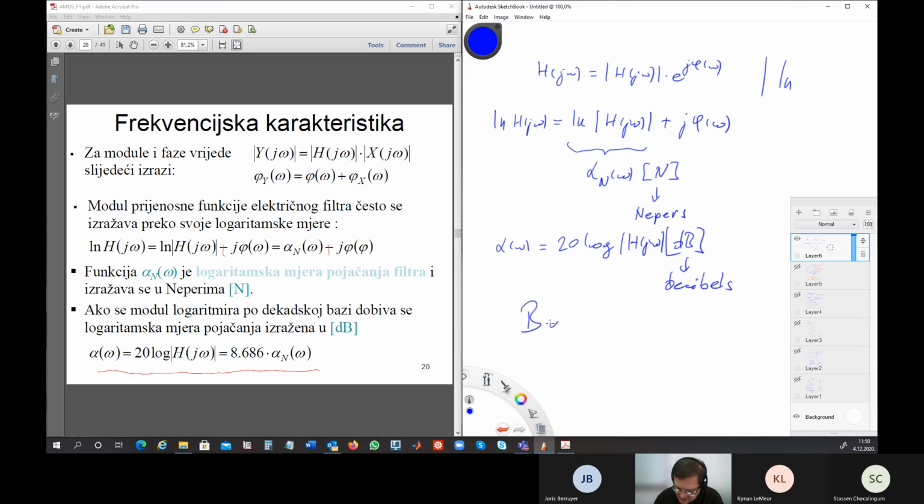This is all together called Bode frequency characteristic, or Bode plot in decibels, and for the frequency scale here we have 0.1, 1, 10, and so on with the same distance, and this is called logarithmic scale.